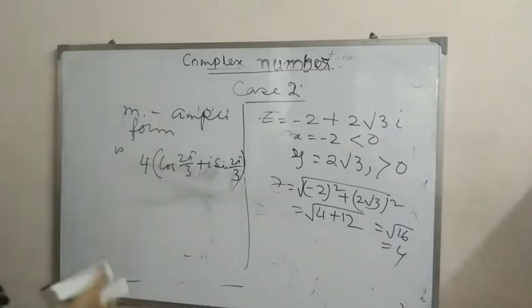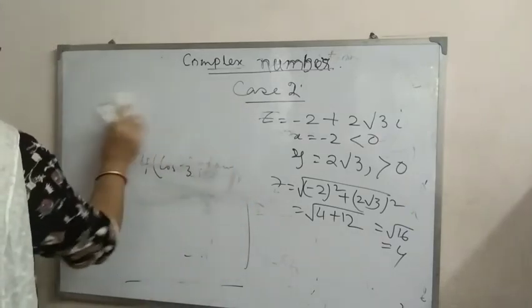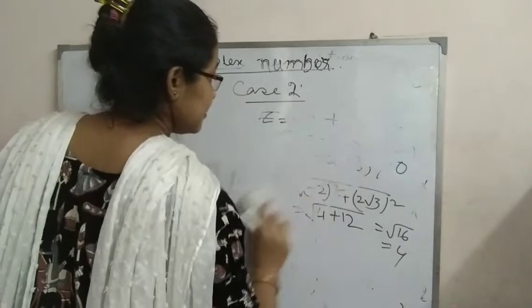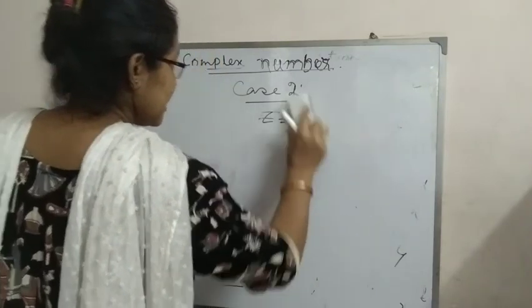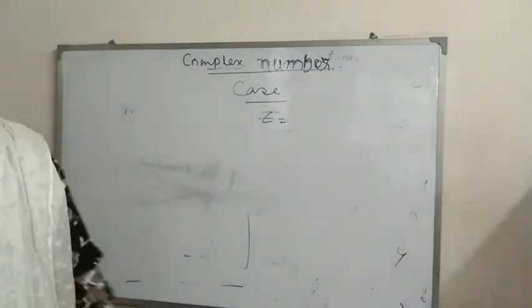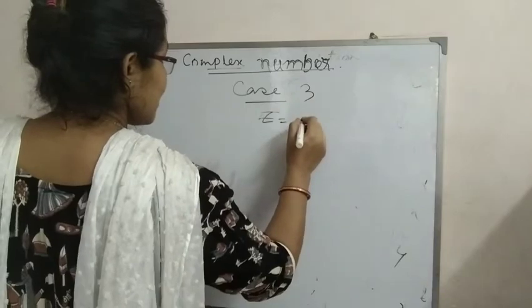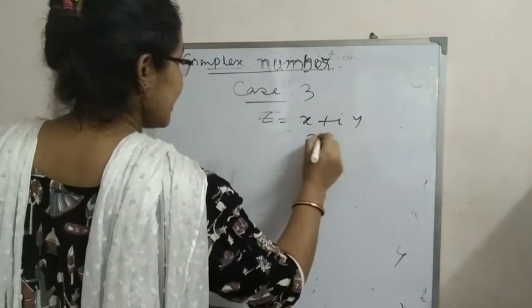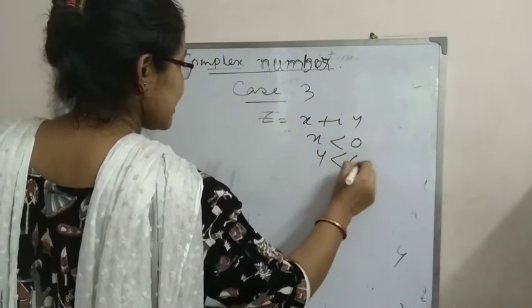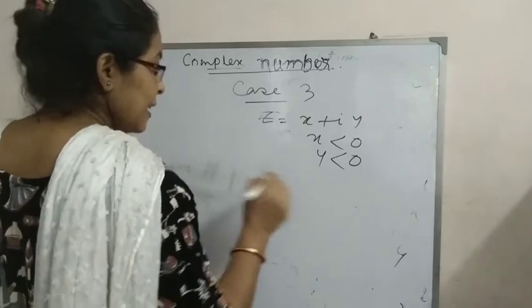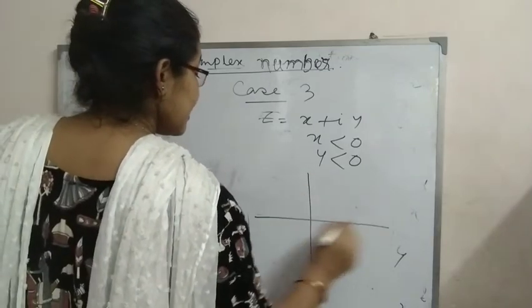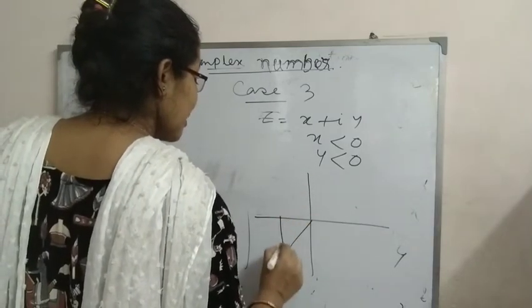Okay, next case 3. Case 3: z equal to x plus iy. Here x less than 0 and y less than 0, that is, P lies in the third quadrant. Here P lies in the third quadrant.